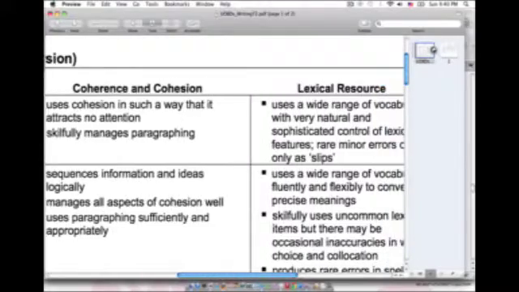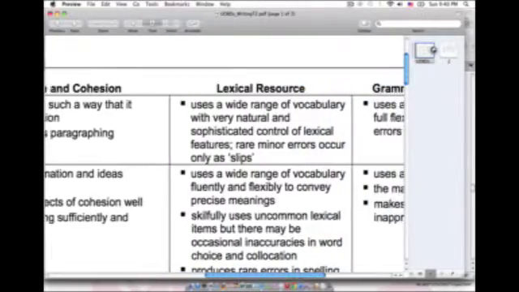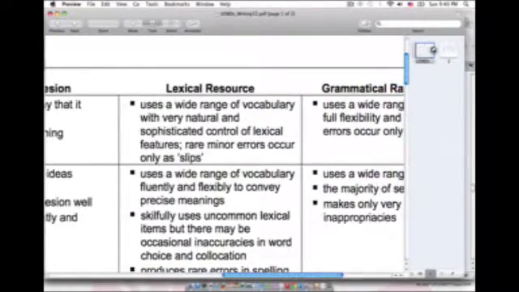Lexical resources refer to the choice and accuracy of the words the student uses and whether or not these words convey an idea clearly.